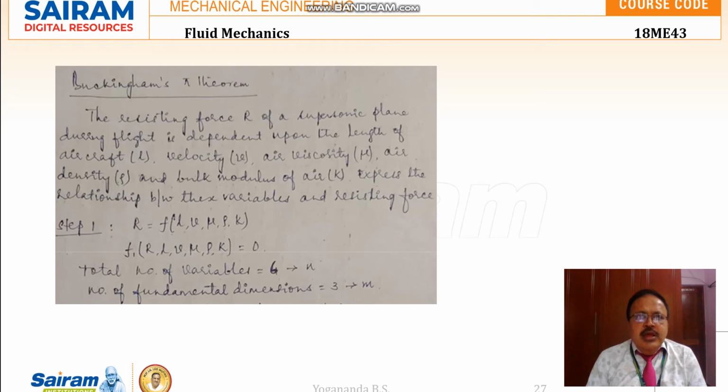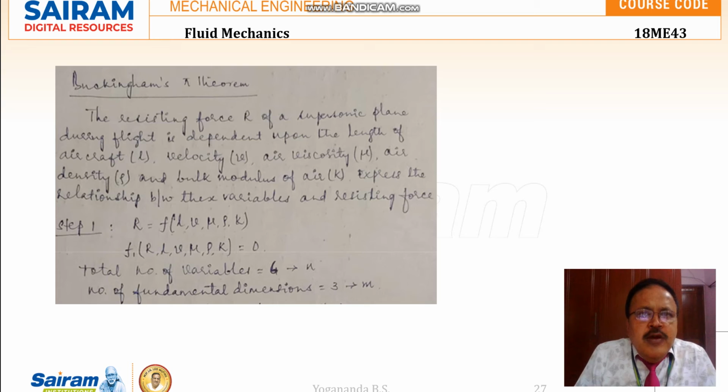Euler's method is used to express the dependent variable in terms of independent variables when the number of variables involved is a maximum of 3 to 4.